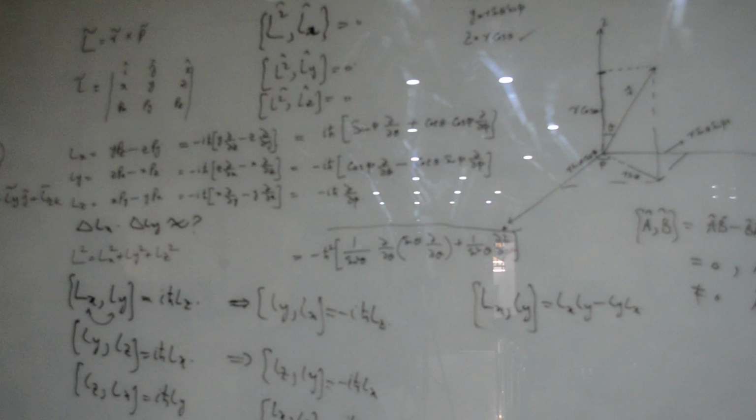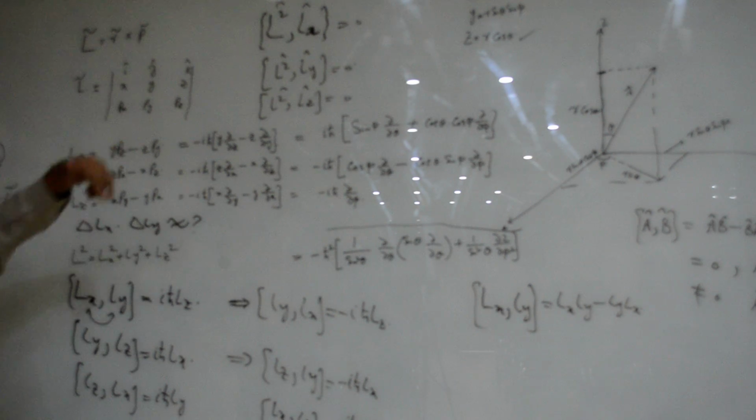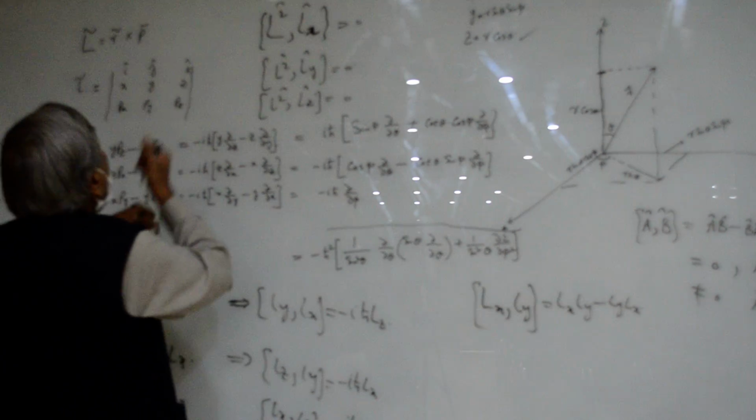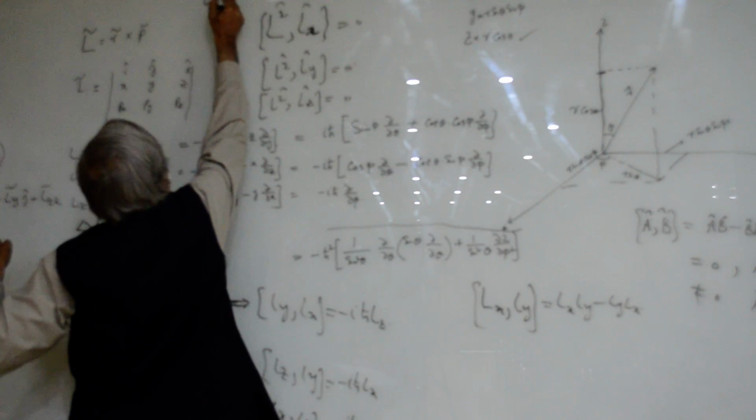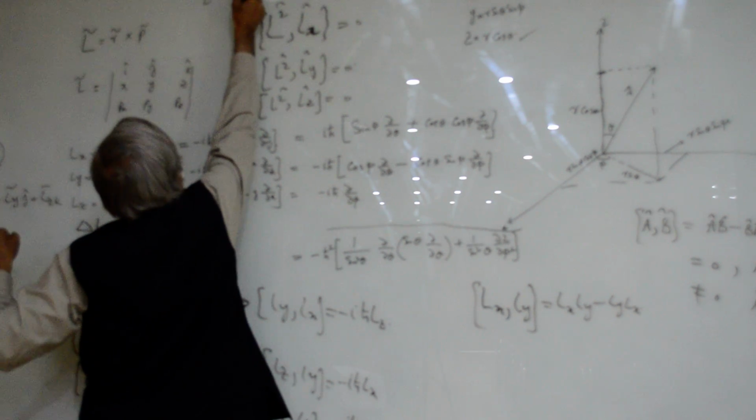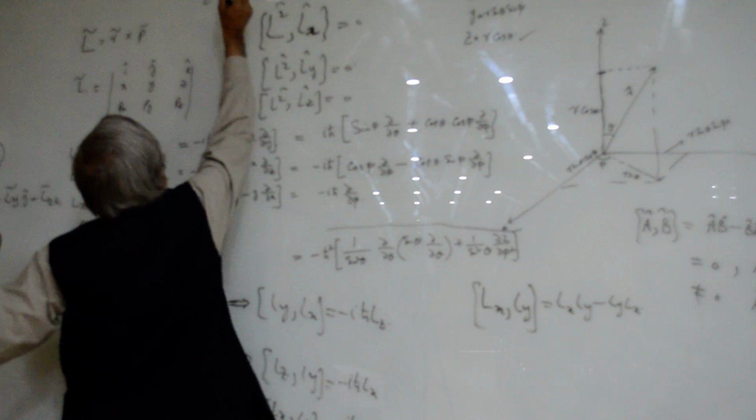However, if you make a square of this, square of L, which is L dot L, because it is a dot product of one vector and another vector. So what is L square? L square is L dot L. Okay?